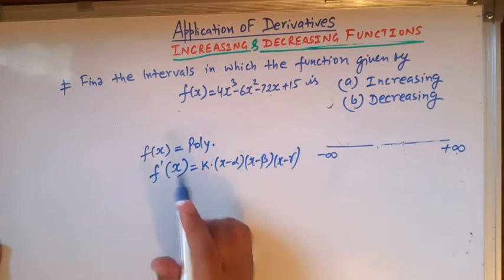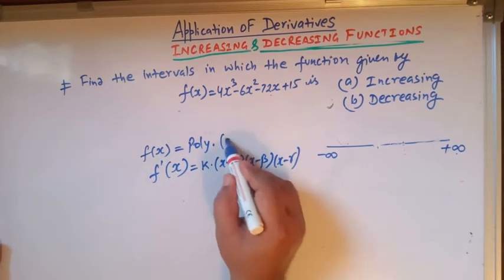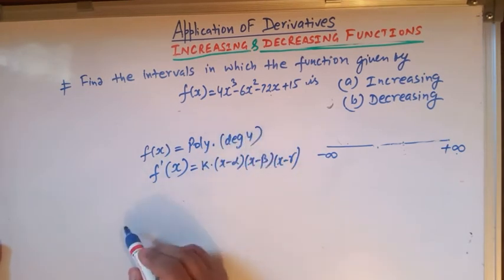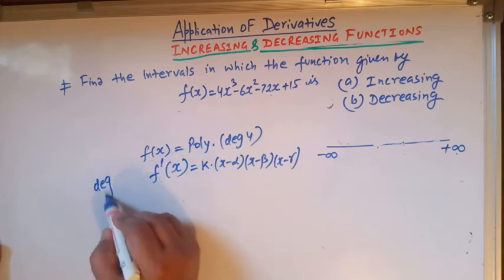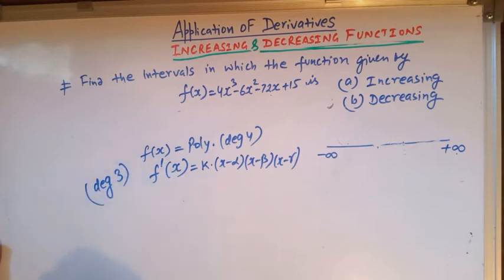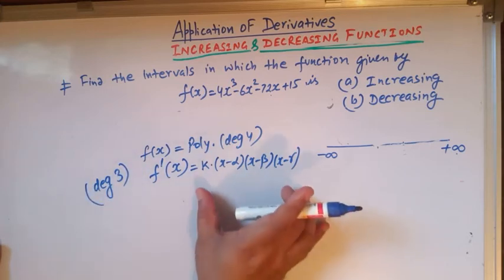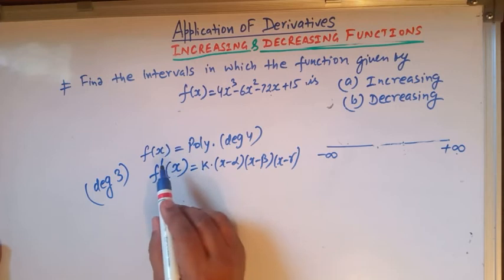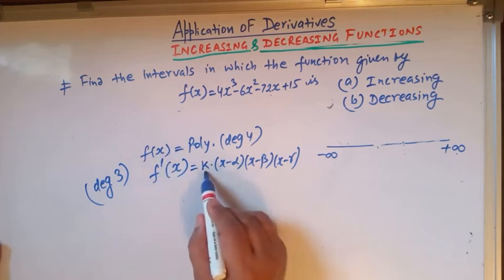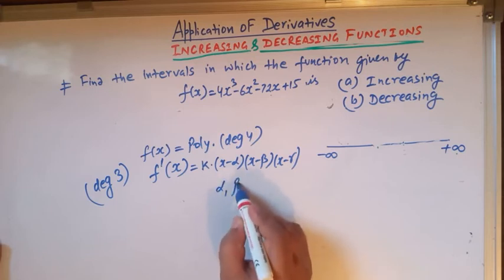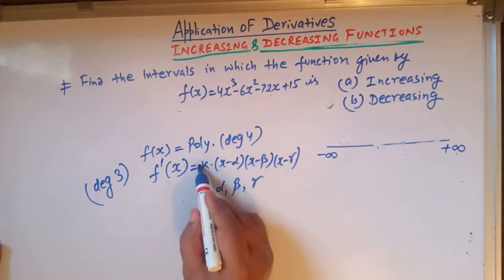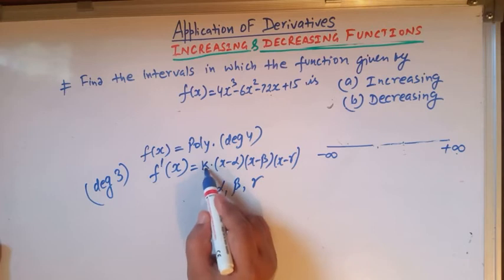Clear? So if this is a polynomial of say degree 4, then we have the derivative as a polynomial of degree 3. Clear? And if we are able to express the derivative in this form, then the roots are alpha, beta and gamma, and here we have the constant as k.